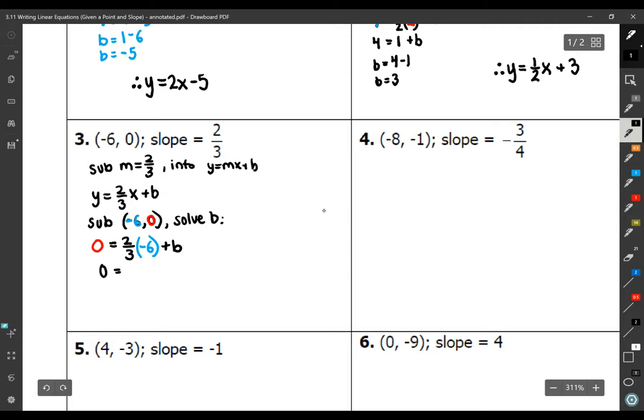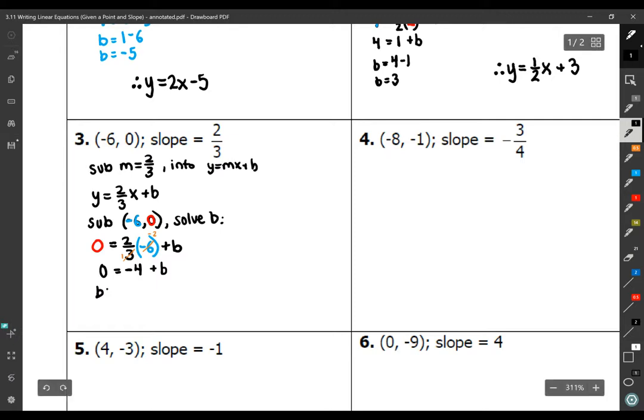Okay, so 0 is equal to, let's simplify, right? So remember, 3 and negative 6 can be simplified as 1 and negative 2. Okay, so this becomes 2 times negative 2 over 1, which is negative 4 over 1, or just negative 4.